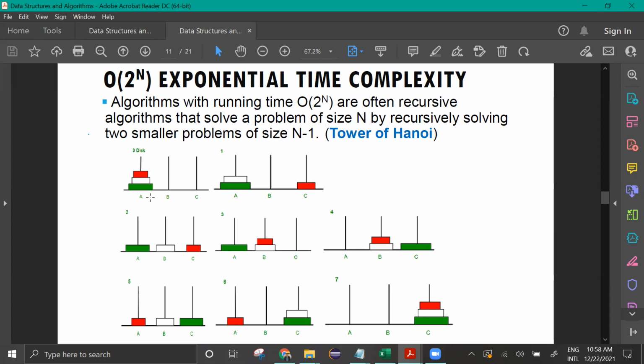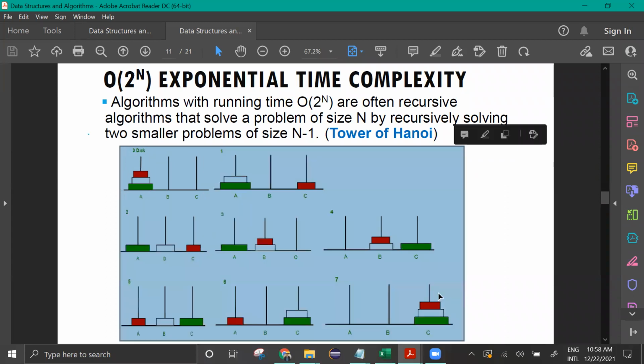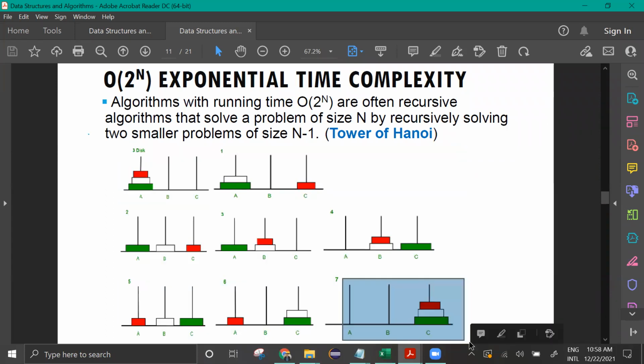The largest disk is on the bottom, and the disks are in order, like in the first step. What we have to do is move these disks onto bar C in the same order. So finally it should be like this.